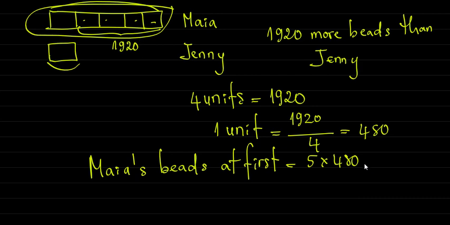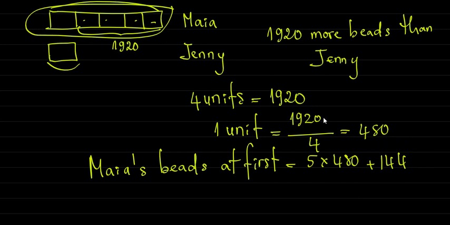Yes, after use. So we should plus 144 because at first she didn't use any bit. So that means 144 bits she still has. But after she used 144, she remained only 5 units here.